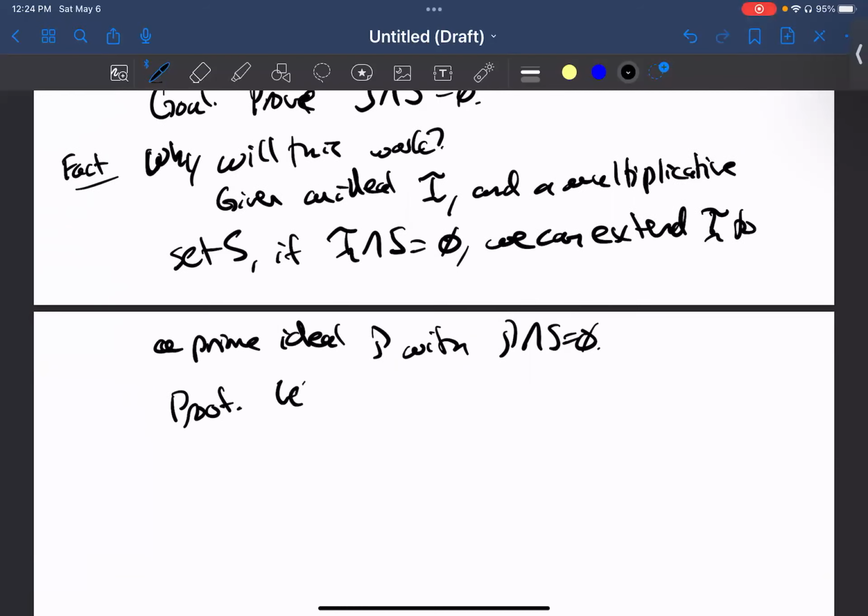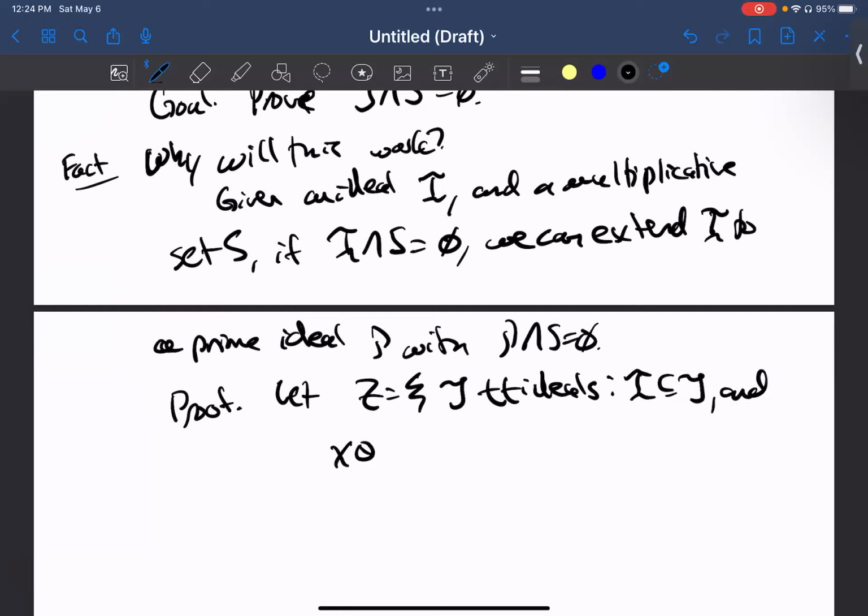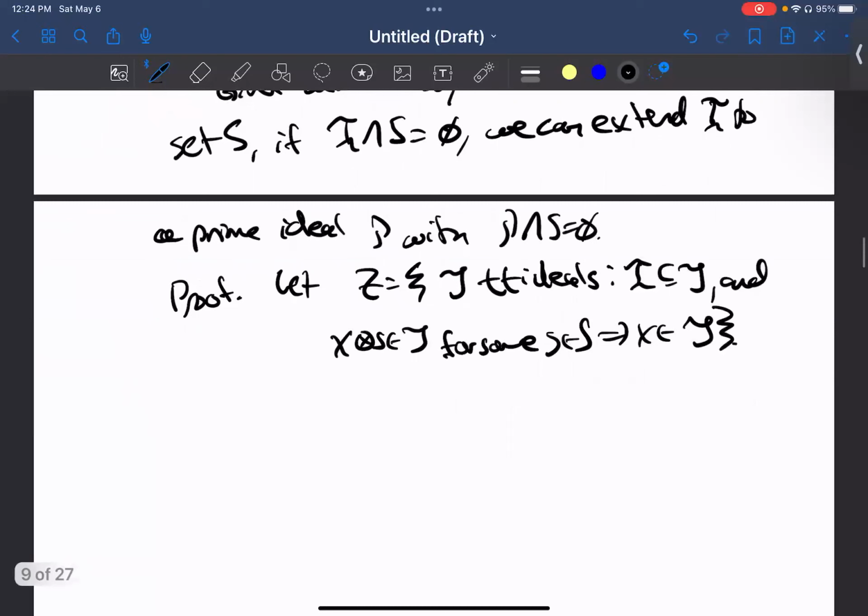So let Z be the set of TT ideals J such that I is contained in J and X tensor S is an element of J for some S in S implies that X is in J. All right, so first, let's note that Z is not empty.